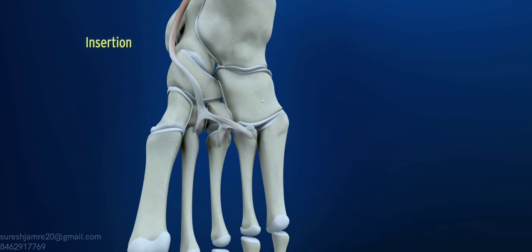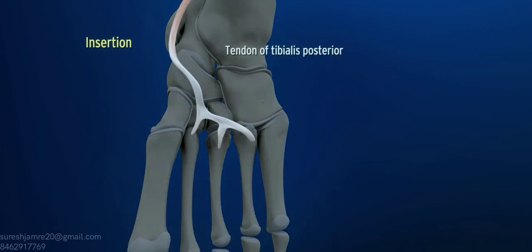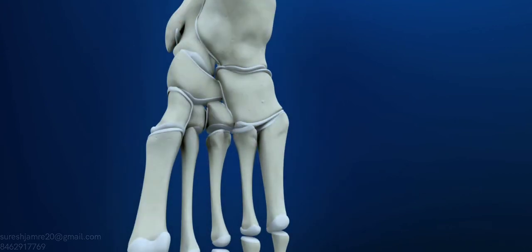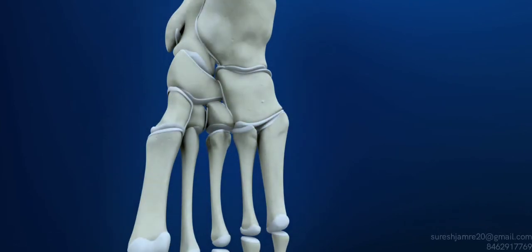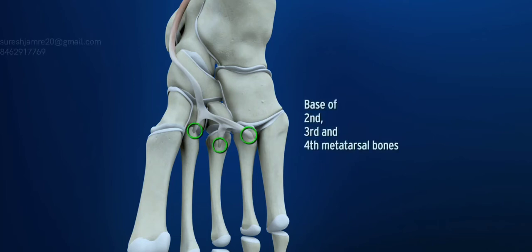Insertion. The tendon of tibialis posterior inserts into the navicular bone and gives slips to all tarsal bones except talus. Few fibers are also attached to the base of second, third and fourth metatarsal bones.